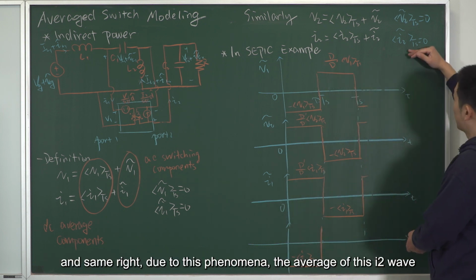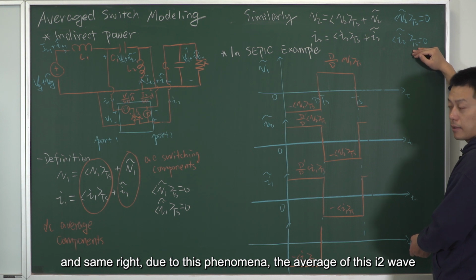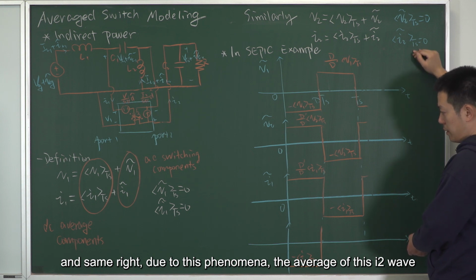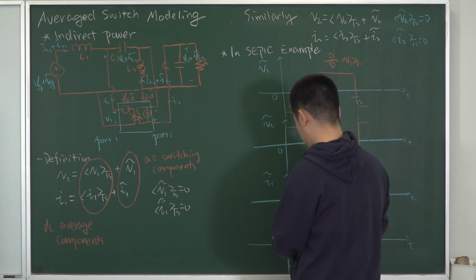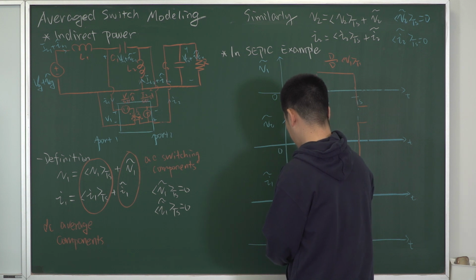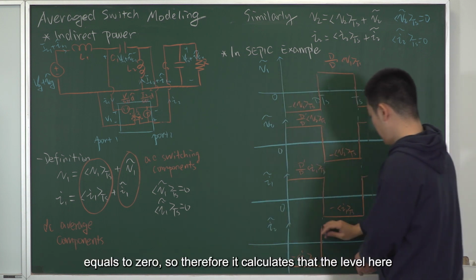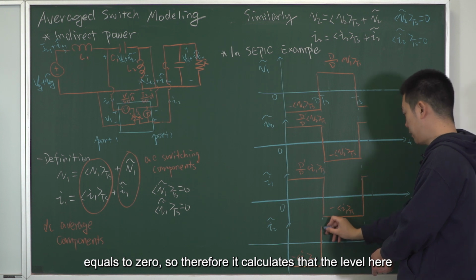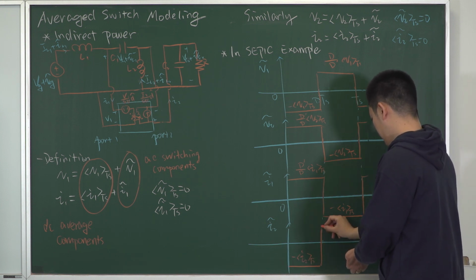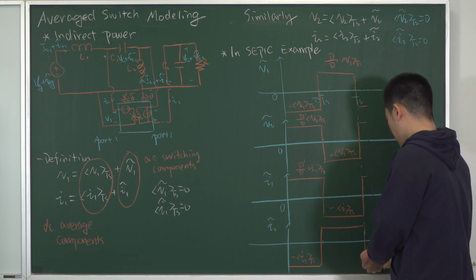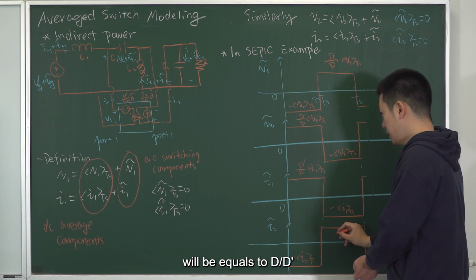And same, right? Due to this phenomena, the average of this I1, I2 wave equals to 0. So therefore, we can calculate that the level here will be equal to d over d prime.